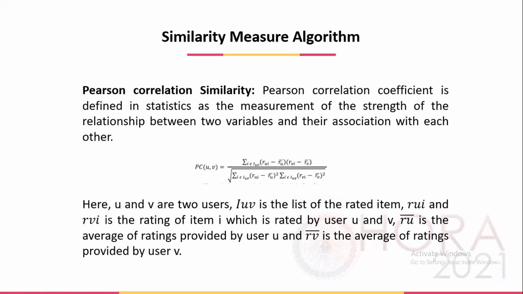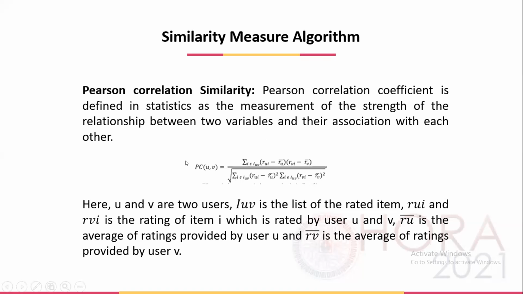So here we present the similarity measure algorithms that we have used. Well, this is the Pearson correlation coefficient. The Pearson correlation coefficient is a measure of the strength of the association between two continuous variables. And this is the formula of the Pearson correlation coefficient. In this formula, U and P are two users.